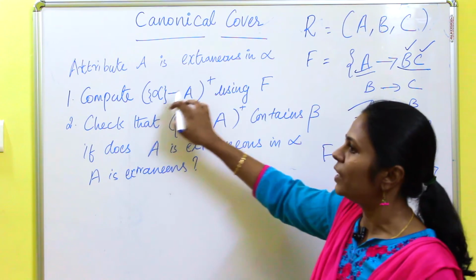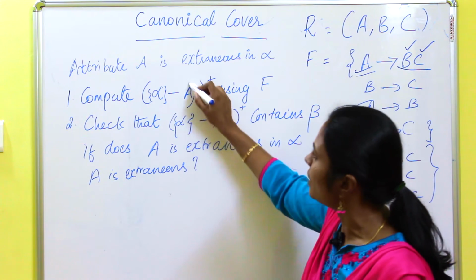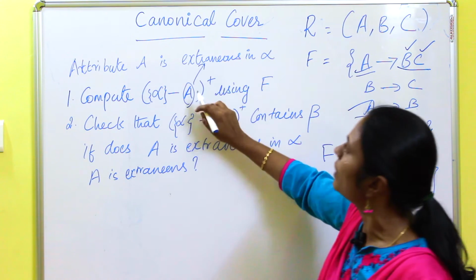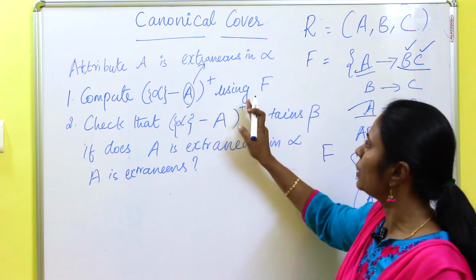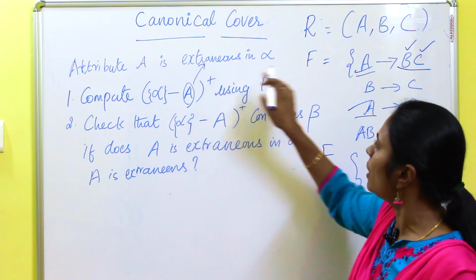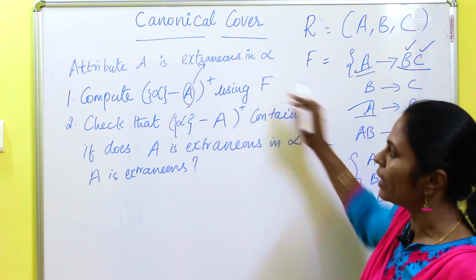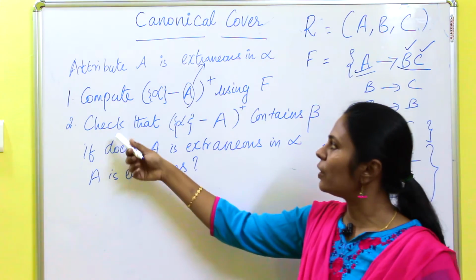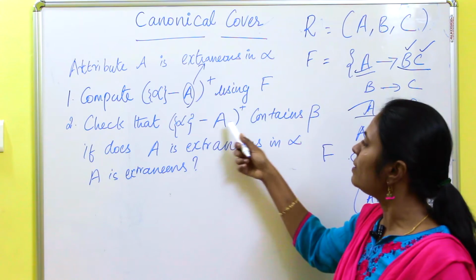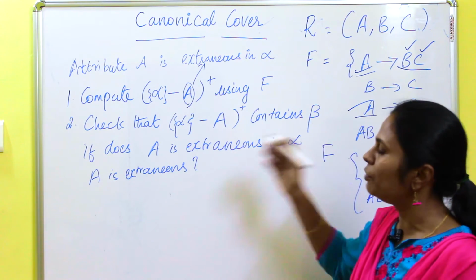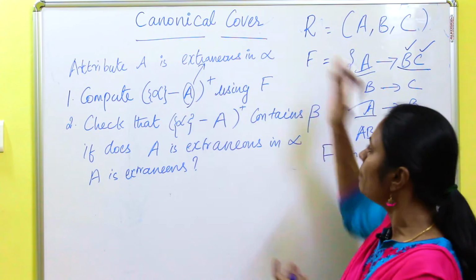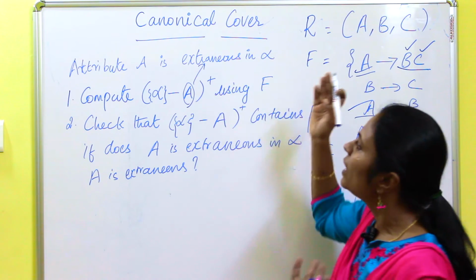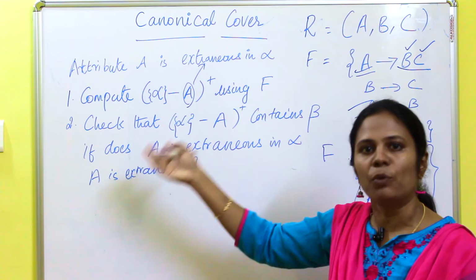From the alpha side you subtract whichever attribute is extraneous, and after that you calculate the attribute closure on F. Then we check whether alpha minus A plus contains beta. If after removing the variable you are still able to get the beta side, then it is an extraneous variable, and you can remove it from the set.